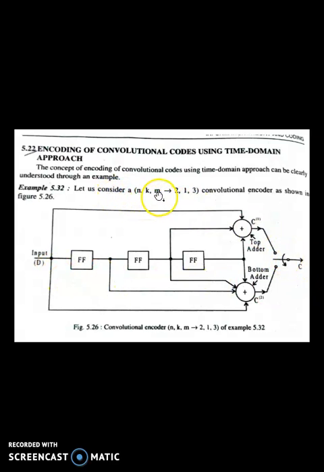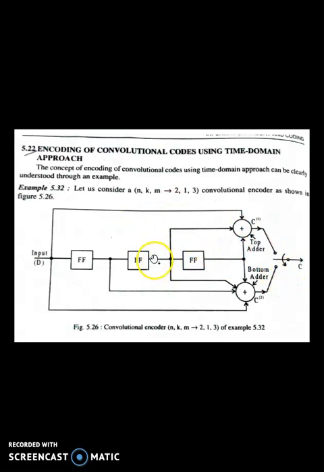If we take n, k, m as 2, 1, 3 as the convolution code, this diagram represents a 2, 1, 3 convolution code. So n equal to 2 means we have used two adders, k equal to 1 means the input message bit is 1, and m equal to 3 means we have 3 flip-flops. We have connected them in some fashion in such a way that it gives the code.